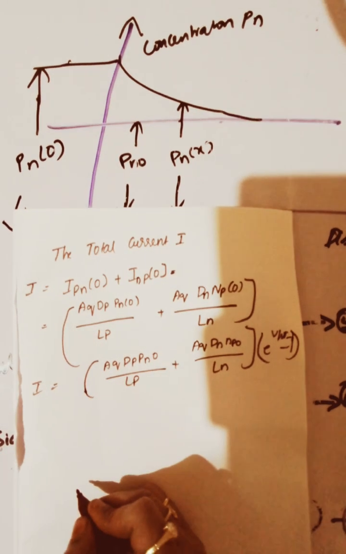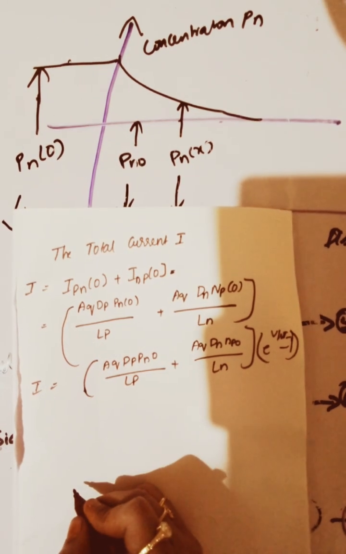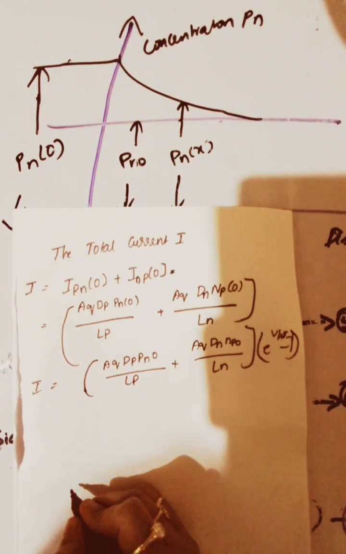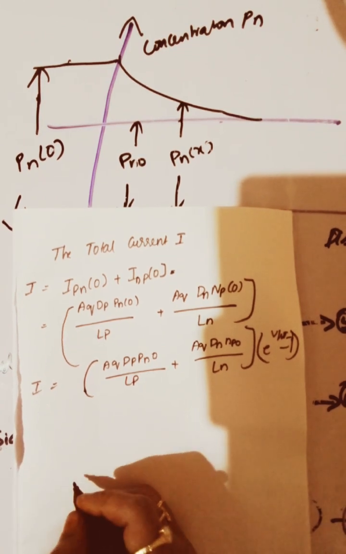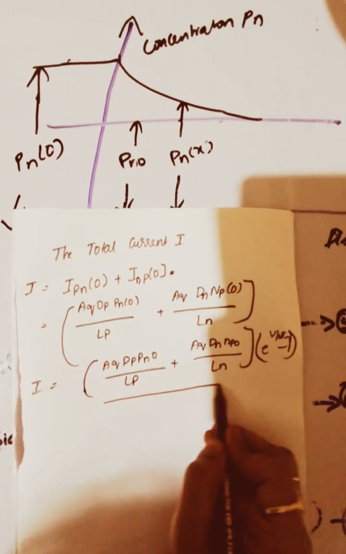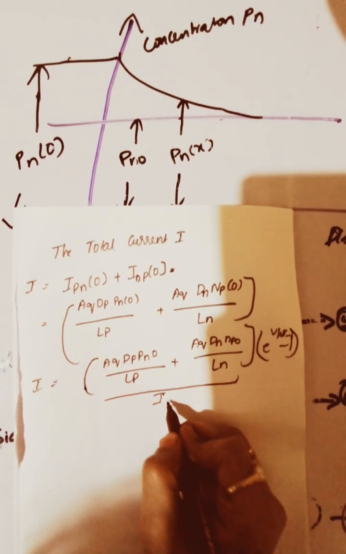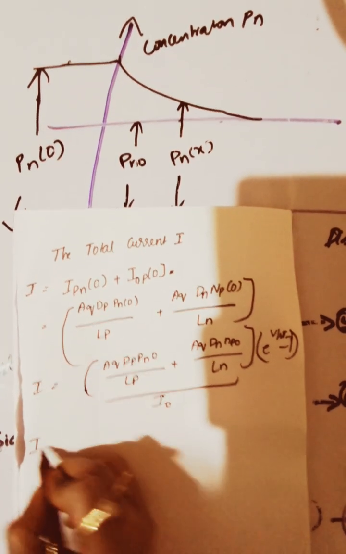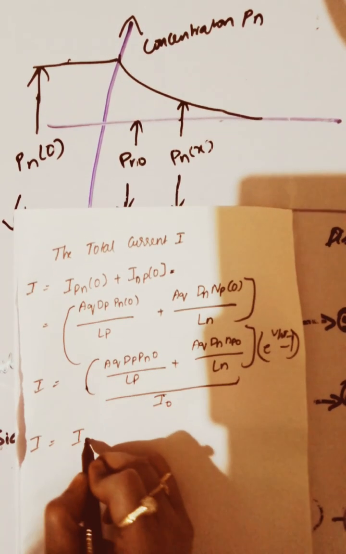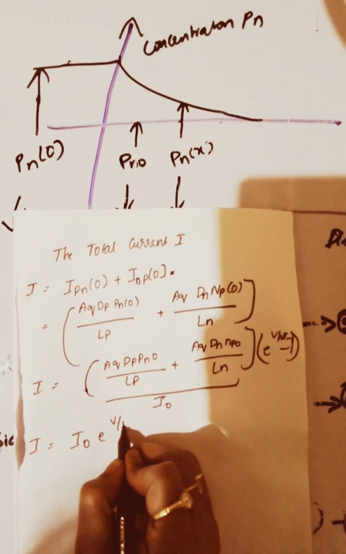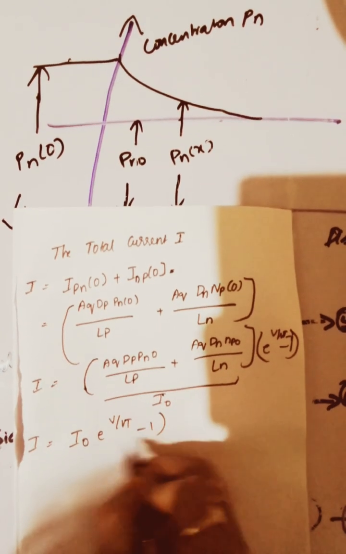This is our total current I, where all this one is nothing but I naught, isn't it? I is equal to I naught e to the power of V by Vt minus 1.